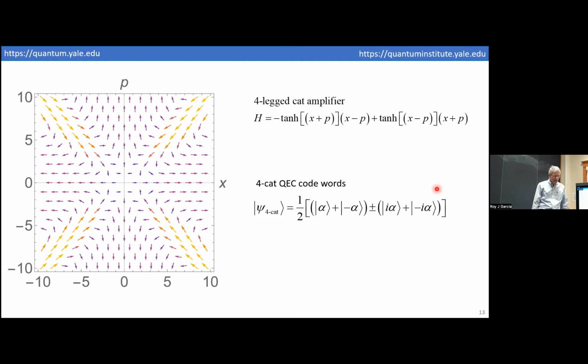We also make quantum error correction codes out of four-legged cats that have a blob here, a blob here, a blob there, and a blob there in superposition. And you could use these flows to keep that cat alive. I put these in partly because they're pretty pictures, but we actually use these; it really helps with intuition when you're trying to design unitaries.